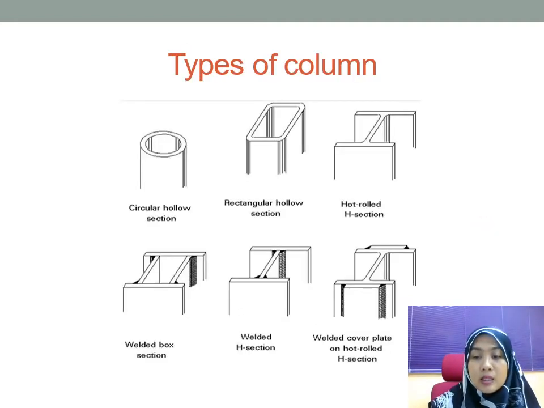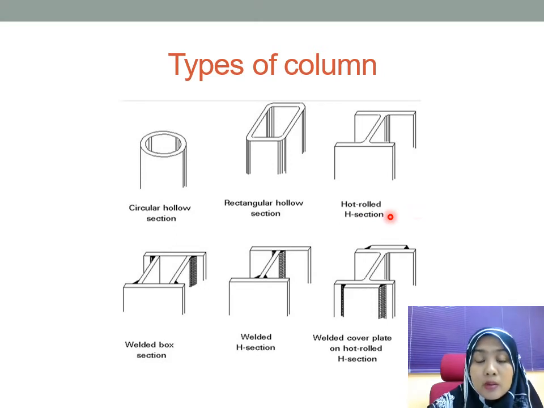Next, these are the types of column that we have: circular hollow section, rectangular hollow section, hot rolled H section, and also welded section. The hot rolled section is similar to an I-beam, except that for columns they have a longer flange, so we call it an H section.